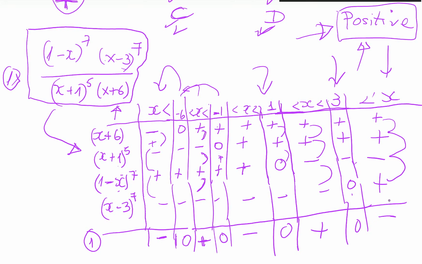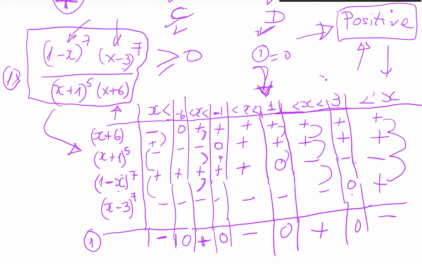Then, we are trying to see when this is positive or 0. But the case equal to 0, you already studied it. In the case x is equal to 1, here it gives 0 because of this numerator, and x equal to 3 gives 0 also.